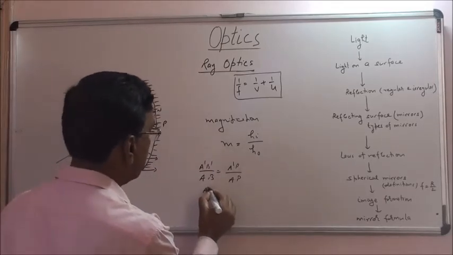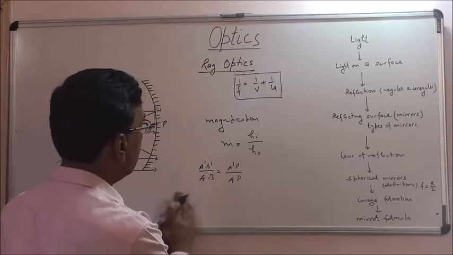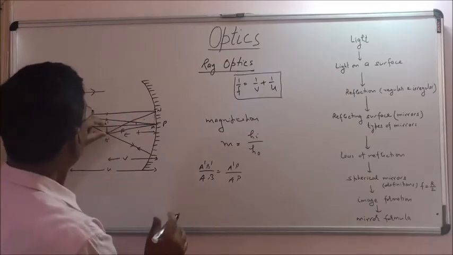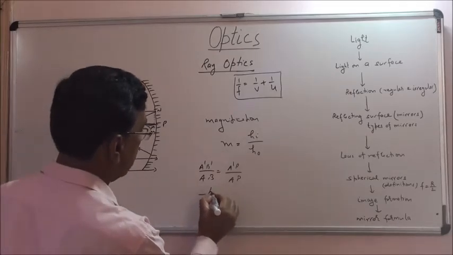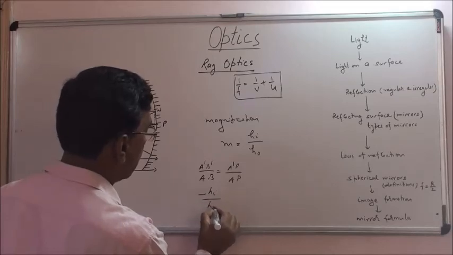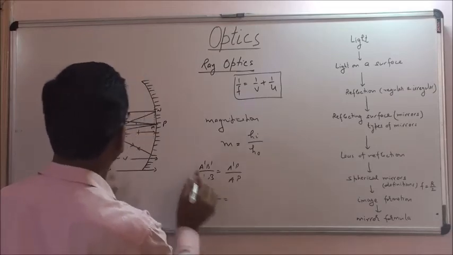So A dash B dash is the height of the image, and AB is the height of the object. I am now using the sign convention.